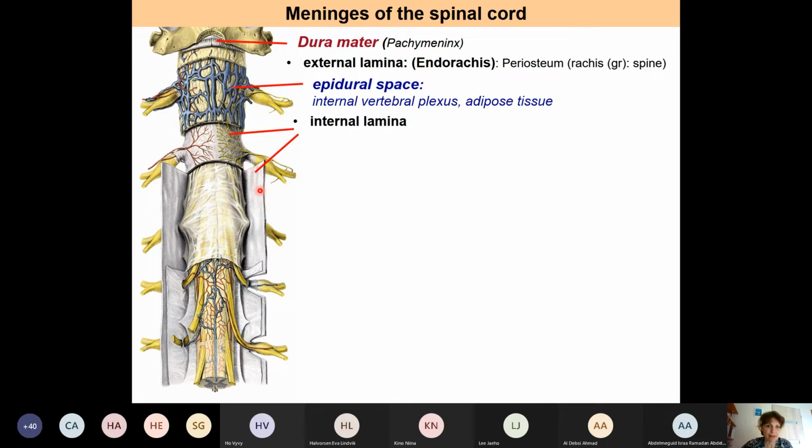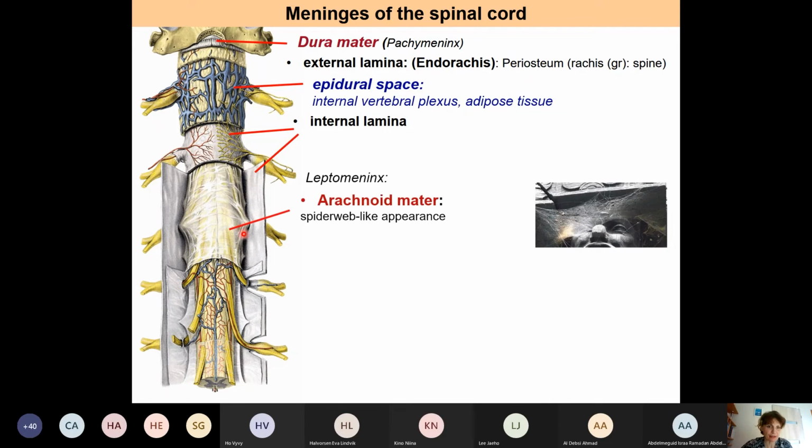Then, if we fold up the dura mater, we have the arachnoid layer. It also belongs to the leptomeninx, so these are the smooth layers of the meninges. The arachnoid is very thin. It's composed of loose connective tissue, and it has a spider web-like appearance.